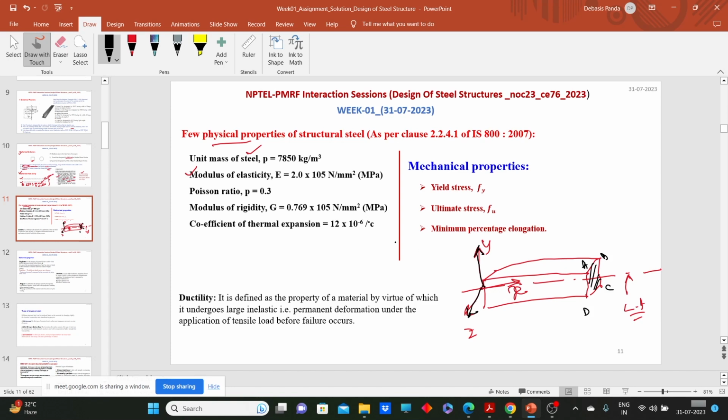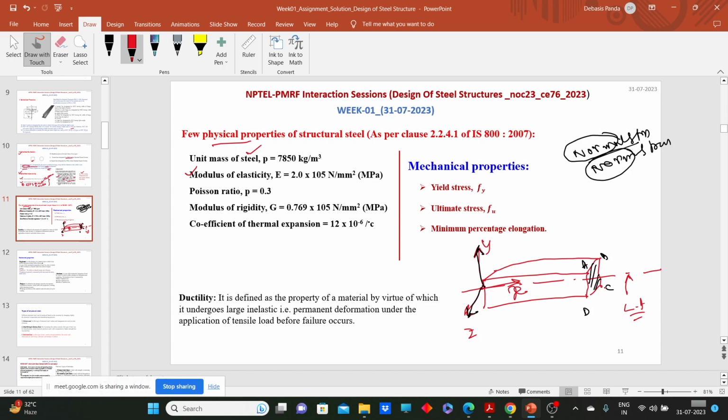Now, modulus of elasticity. What is the definition of the modulus of elasticity? It is the ratio of normal stress to normal strain. Now I used that terminology, normal. Now what do you mean by normal stress and normal strain, or shear stress?